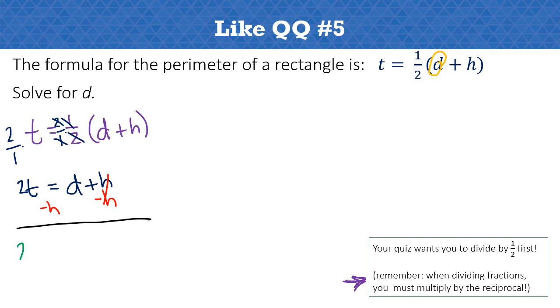That leaves us with 2T minus H is equal to D, or D is equal to 2T minus H.